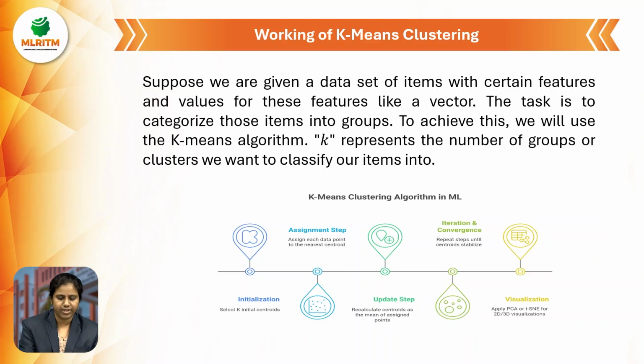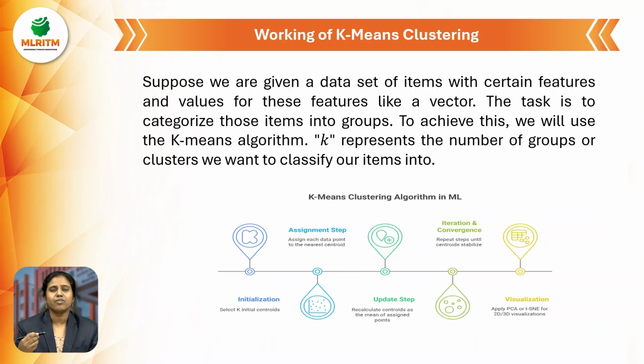First we'll go through different types of steps here. One is initialization, where we take the k number of clusters. It may be 1, 2, or 3 based on the kind of data items. Then we have the assignment step, in which we assign each point to the nearest centroid. After assigning, we go for an update step, where recalculation is needed for the centroids to find the particular value.